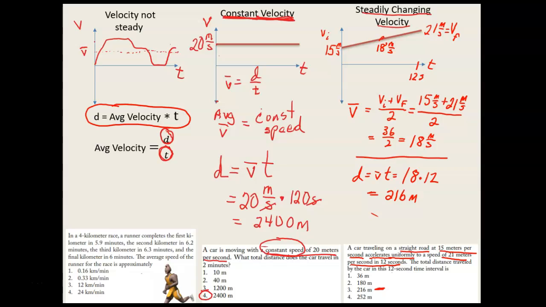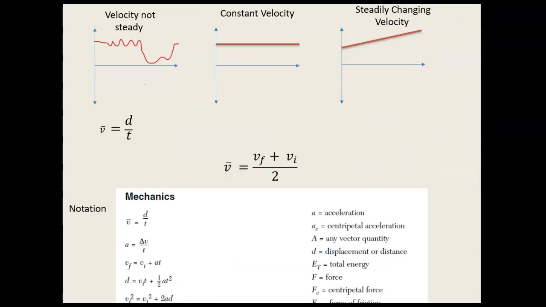Okay, now let's just summarize things and discuss notation a little bit, just so we're comfortable with it. Here's our reference table, and we see a few different symbols associated with velocity. We see this V with a bar over it, which hopefully we recognize is average velocity. I know we haven't discussed these formulas, but you're going to see VF and VI, which we've already mentioned.